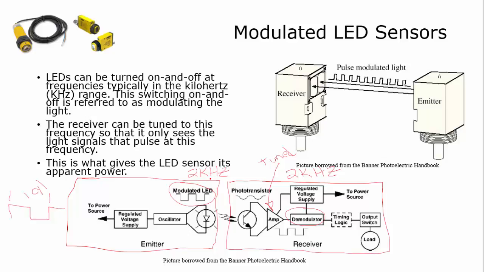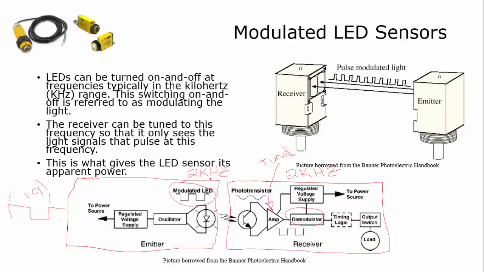This is basically how your TV remote works. Your TV remote is infrared. It uses an LED. And depending upon what button you press on your TV remote, the frequency of the modulating of the LED is different. So if you press the number 5 key for channel 5, it may be at 2.1 kilohertz.